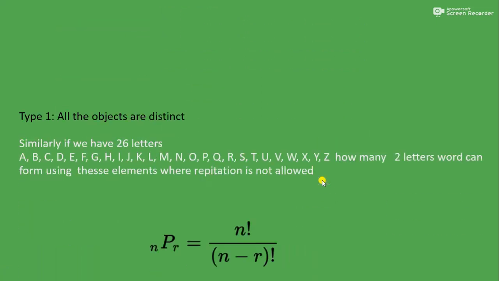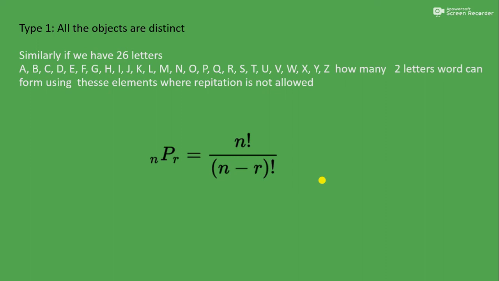In our previous video we saw an example where every element is distinct. From A to Z there are no repetitions of any object, so we have 26 different alphabets.